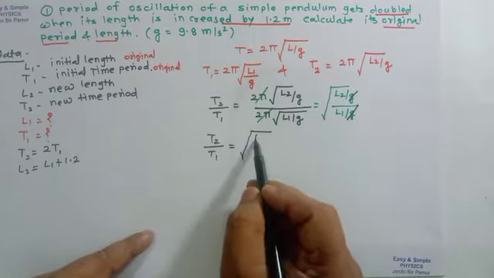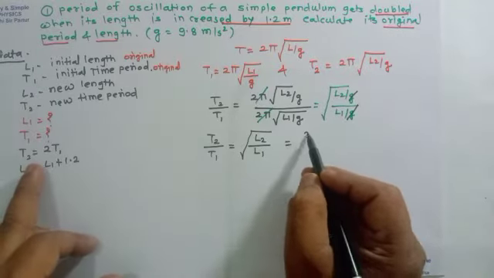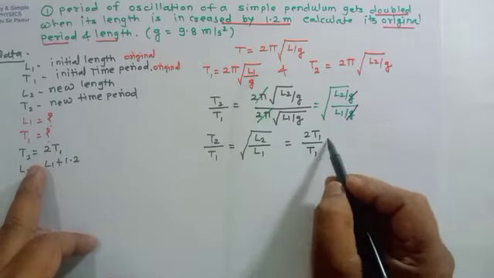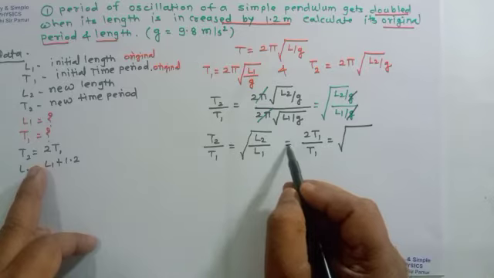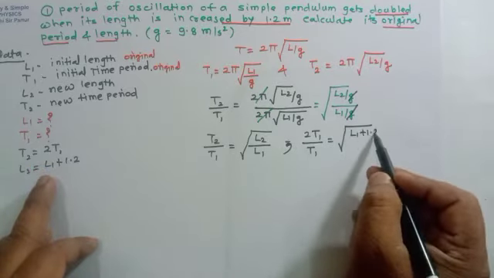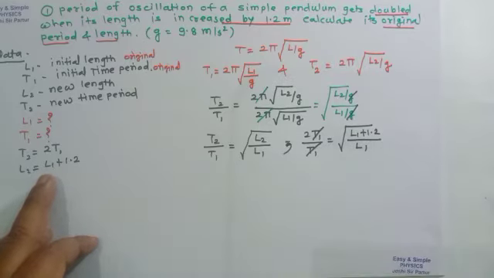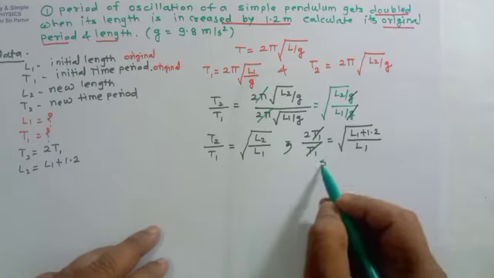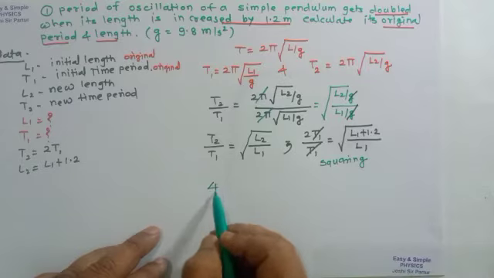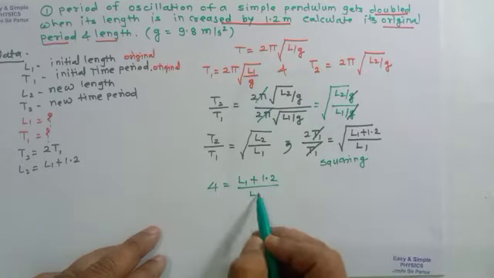By substituting the values, T2 having value 2 T1, upon T1, is equal to square root of L1 plus 1.2 upon L1. T1 gets cancelled. Squaring on both sides, 4 is equal to L1 plus 1.2 upon L1.